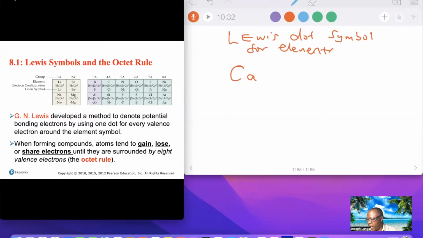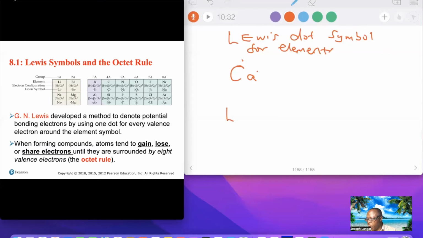So if given any element on the periodic table and you are asked to draw the Lewis dot symbol for it, it's simply the chemical symbol and the dots representing the valence electrons. Calcium is in group 2, so I'm just going to represent that using 2 dots. One thing you need to remember is you don't pair until they are singly distributed around it.